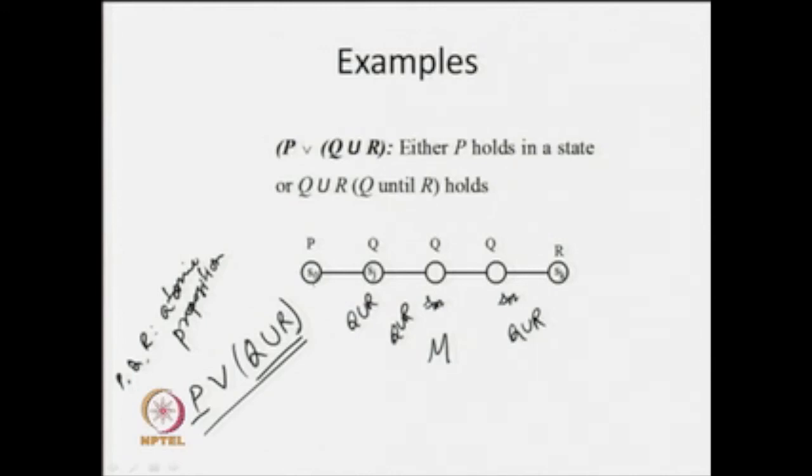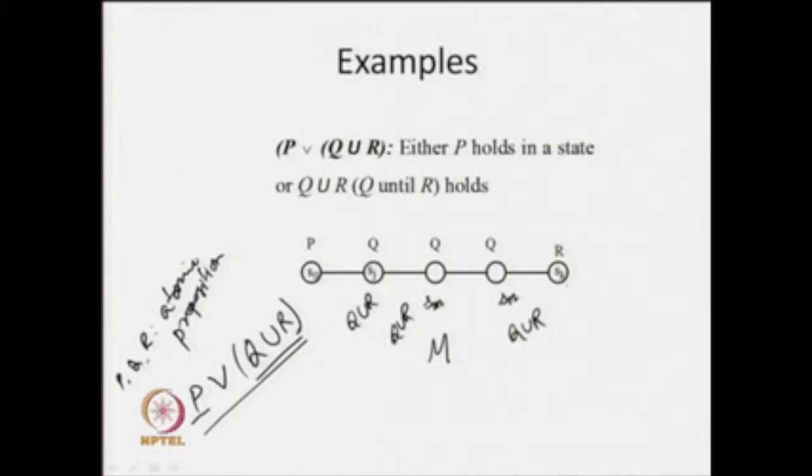Now, when we look for P or Q until R, you will find that in these 3 states Sj, Sm and Sn, Q until R is true. So, P or Q until R will be true in these 3 states. When you come to S0, since P is true, we will find that P or Q until R is true.